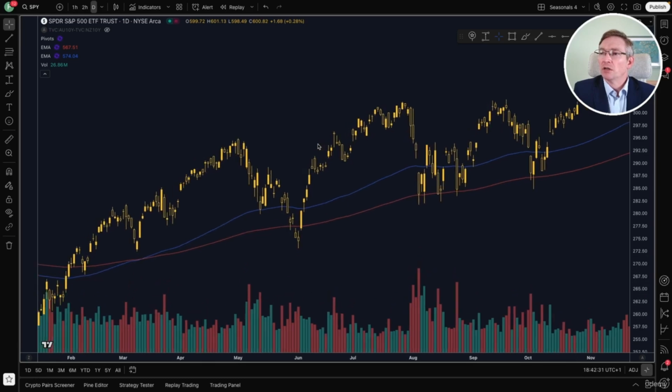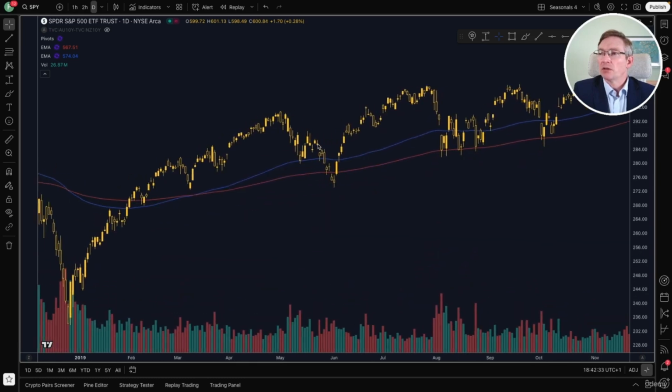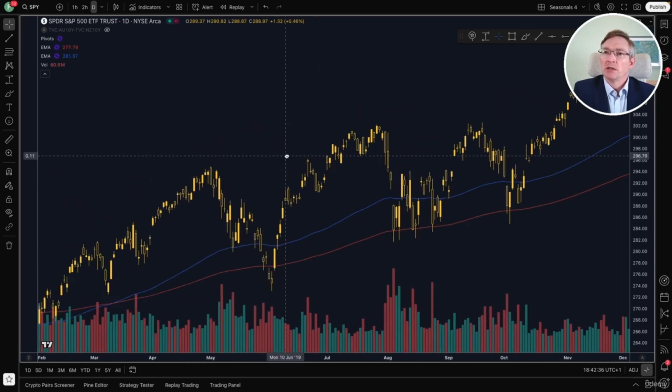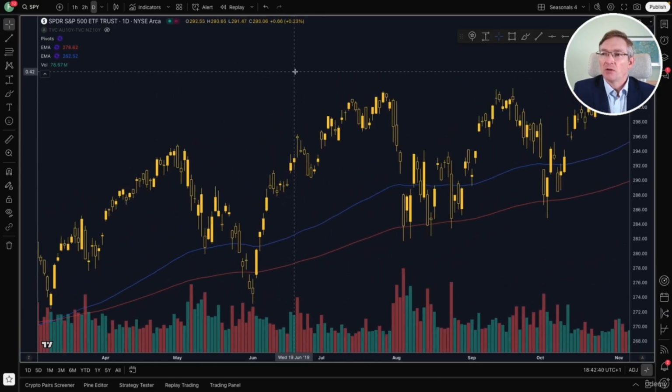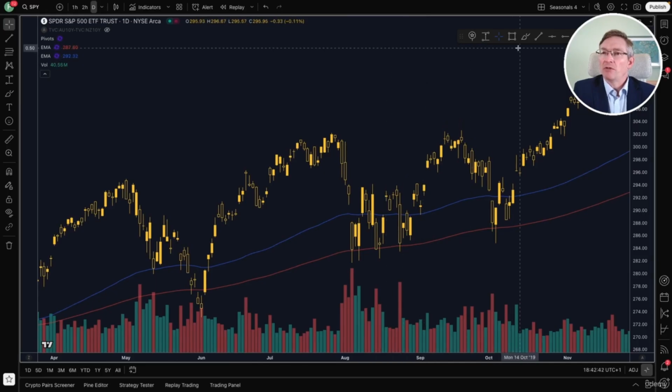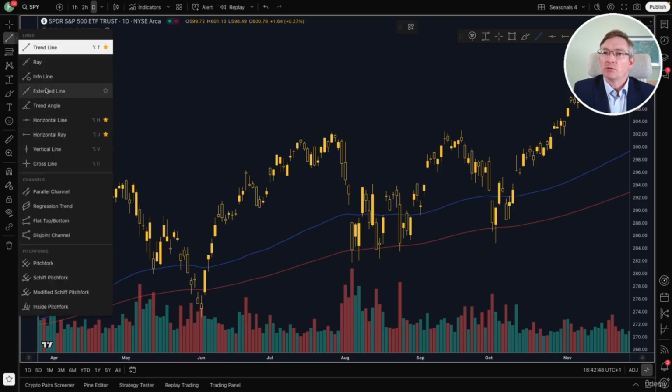If you look, I've got the SPY ETF. It's an ETF for the S&P 500, so a very liquid, heavily traded ETF. And you can see here there are these key levels.